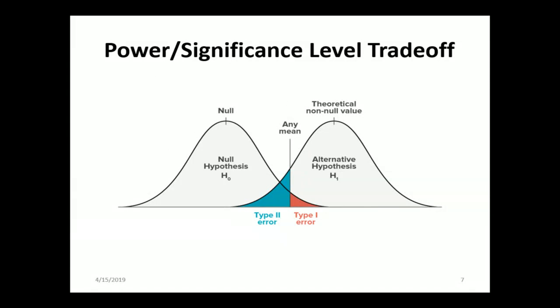Whereas under the alternative, if we've decided to favor the null, that's a type 2 error, which is the green side there. As you move that line to the right, you increase the type 2 error rate and reduce the type 1 error rate. If you move it to the left, you reduce the type 2 error rate, but you increase the type 1 error rate. This is the trade-off that I'm talking about, and this is what a p-value allows you to be agnostic about.